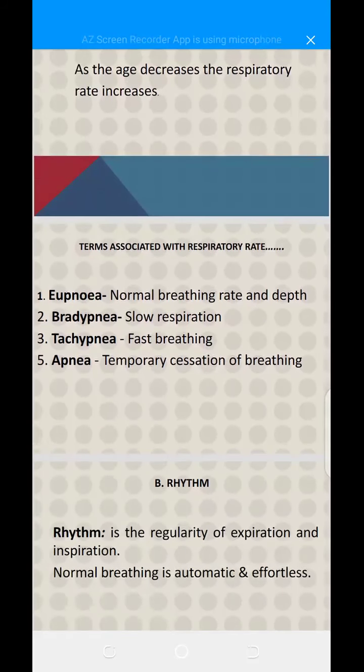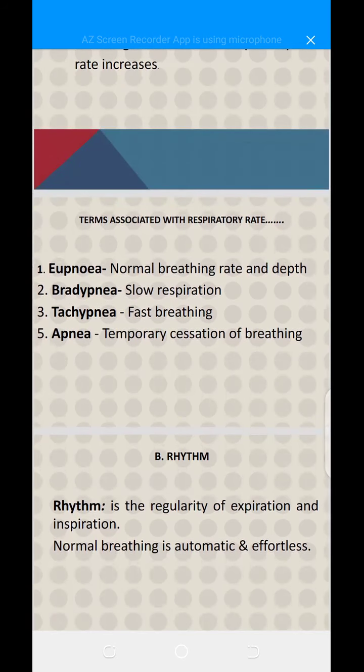Now there are some terms associated with respiratory rate that you are also expected to know. Number one, we have what we call eupnea. Eupnea is the normal breathing rate. When the respiration is quiet and normal, without any noise and without any difficulty, we call it eupnea.